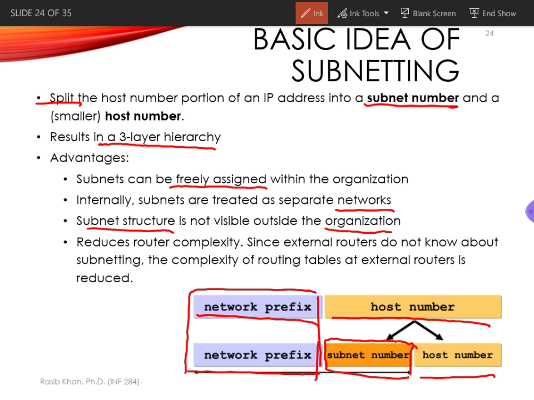So any external entity will only see the network ID part and consider all the subnets to be part of one single body.